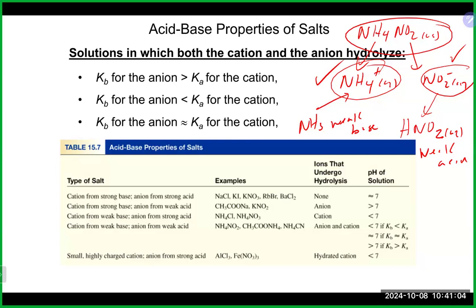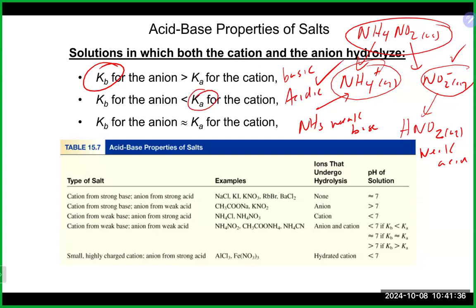So for example, if the Kb value for the anion is larger than the Ka value for the cation, then we would assume that it would be basic, and we would do the Kb calculation. If you look at it and the Ka value for the cation is larger than the Kb value for the anion, then we would assume that the solution would be acidic, and we would do the Ka calculation.